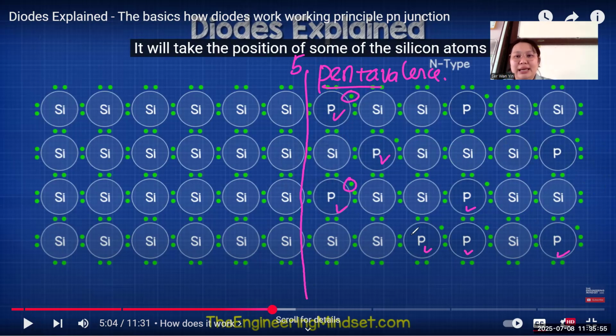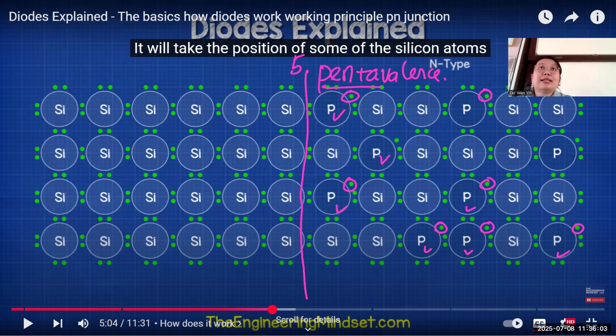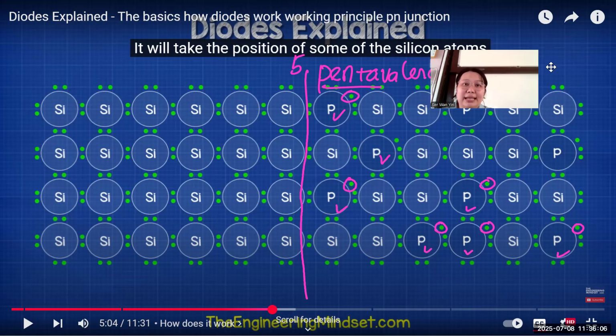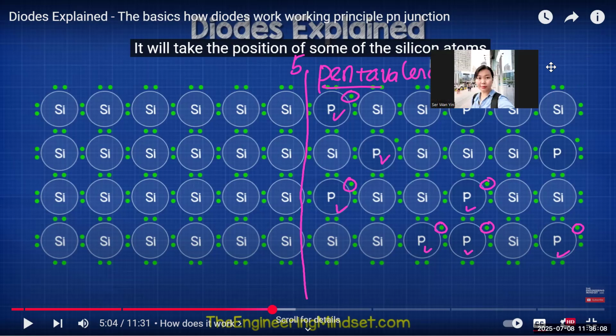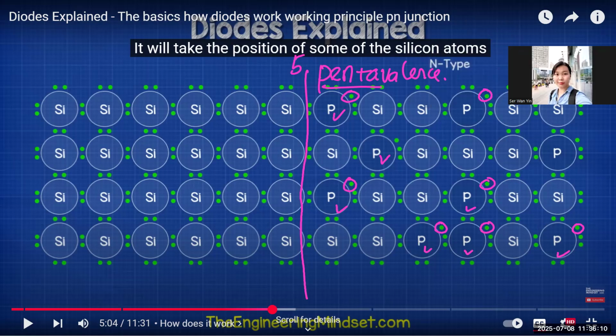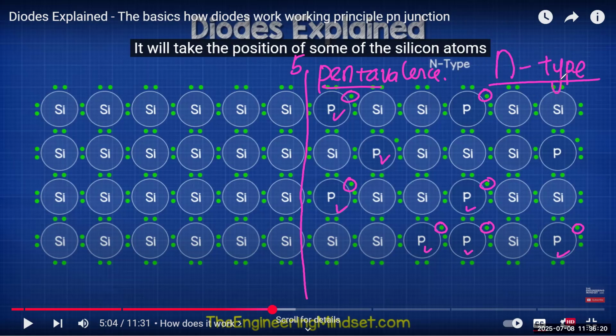So you can see every phosphorus will have 1 extra electron. Okay, so this side has more electrons, which means it will become an N-type semiconductor.